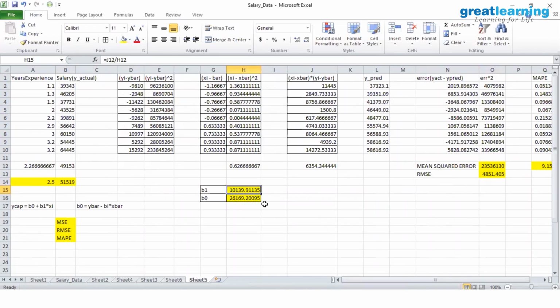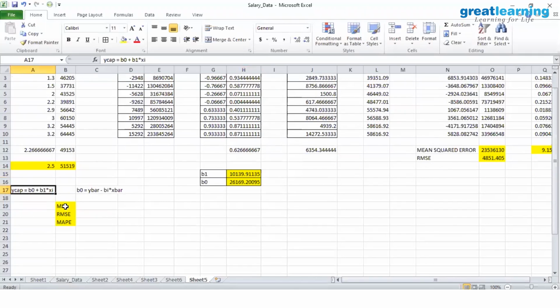Now, how did I solve this B1? B1, I have found by xi minus x bar into yi minus y bar, divided by xi minus x bar the whole square. Right? I made a mistake mentioning it as y bar. Here it is y cap. Or just for simplicity, you can mention it as y also. Y is equal to B0 plus B1 into x1.